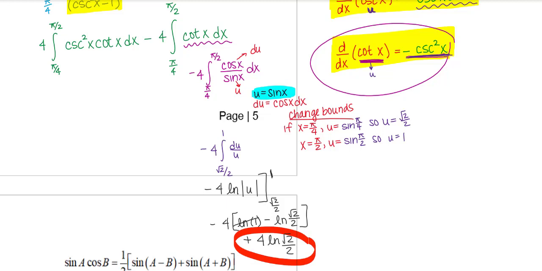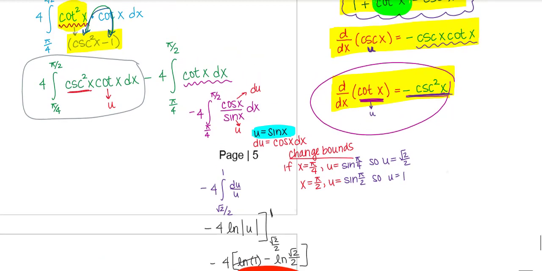So let's go back up to the beginning here, and I need to see how in the world I am going to integrate cosecant squared x cotangent x. So look at it for a second and see if you can find a u du pairing. I actually can. If u is cotangent of x, du, right?